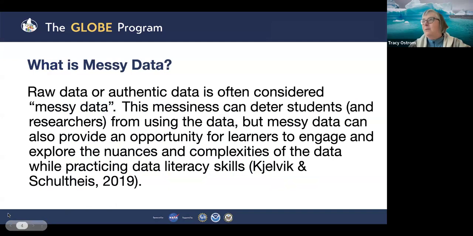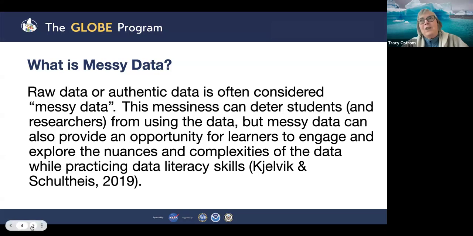Often when we read and hear about messy data, it's data that's collected authentically. GLOBE has a perfect program for allowing our citizen scientists and learners to collect data, but sometimes it's not always in a format that we can use. And so the messiness kind of comes from human error often, or technology instrument error.